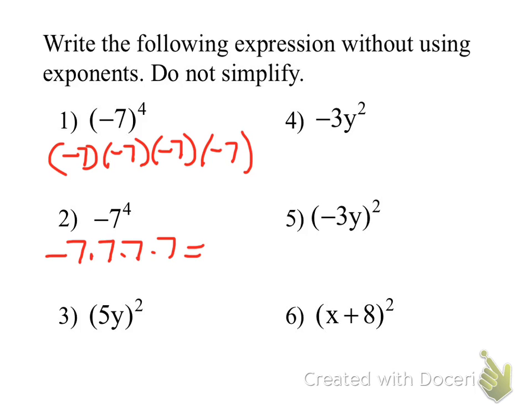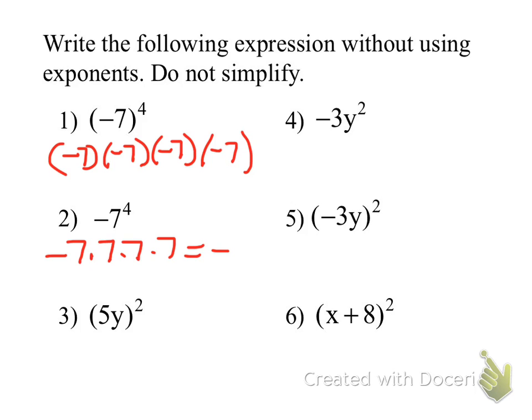So this answer, number 2, will end up being negative or positive? Negative. That's going to be a negative. And if we're doing 49 times 49, they're not really asking you to evaluate it.